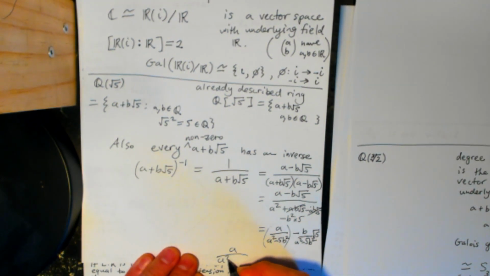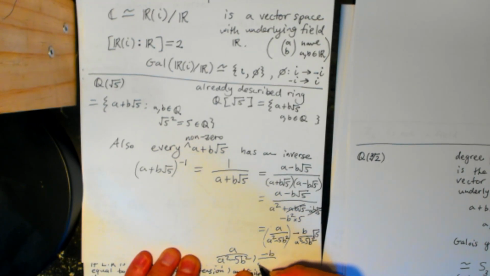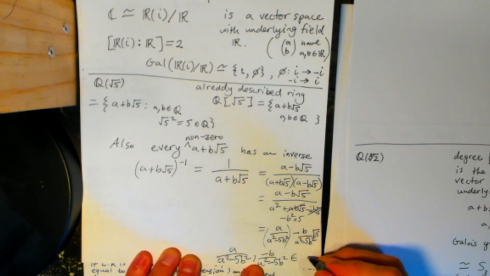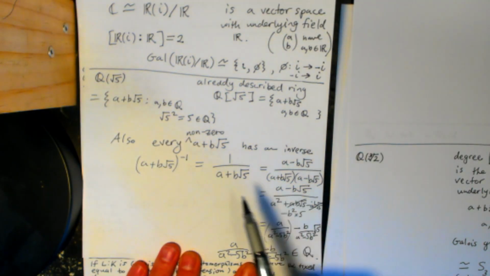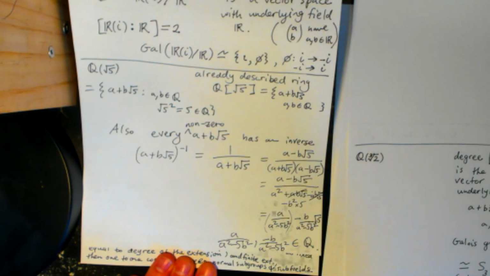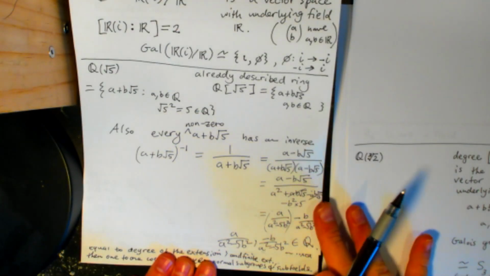So a over a squared minus 5b squared and minus b over a squared minus 5b squared are both rational numbers. Okay, so we've shown here that a plus b root 5 has an inverse that's in this same set.